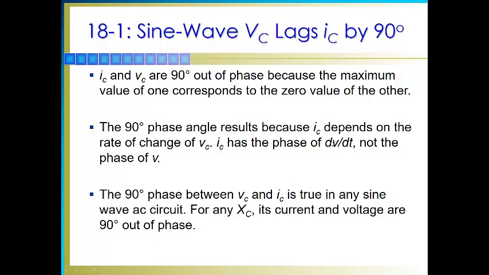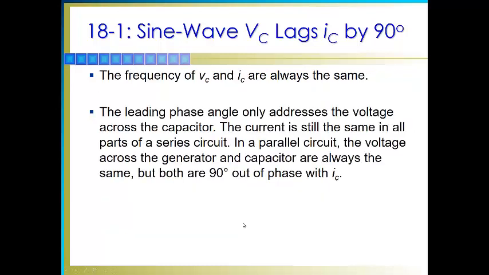This right here means the rate of change of the voltage, how the voltage changes with respect to time. So the 90 degrees phase between the voltage and the current is true in any sine wave AC circuit. For any capacitive reactance, its current and voltages are always 90 degrees out of phase.